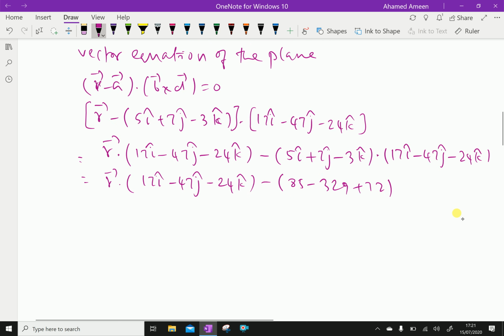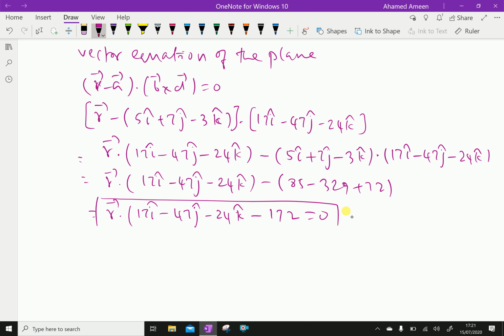This calculation, 85 minus 329 plus 72, is minus 172. So r vector dot (17i minus 47j minus 24k) minus 172 equals 0. This is our required vector equation of the plane containing those lines.